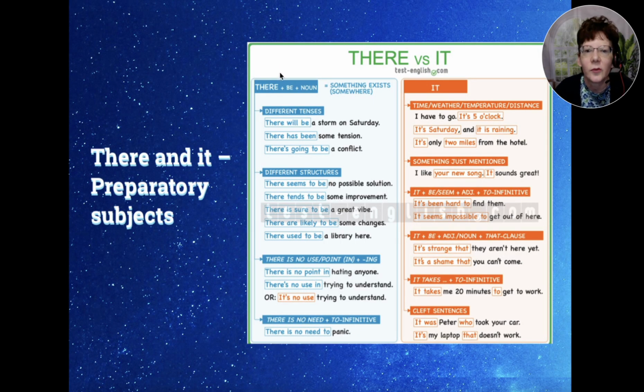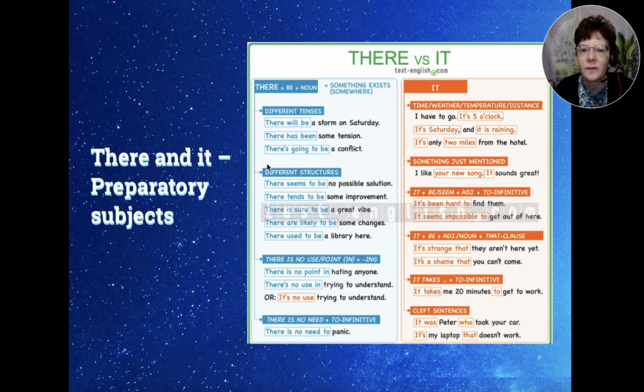All right, we'll look at this chart really quick about these. The structures can be, first of all, there plus be plus a noun. So this basically means something exists somewhere. We can use different verb tenses with this.